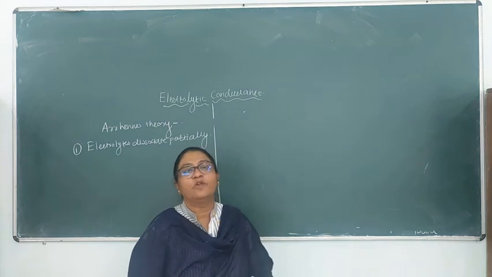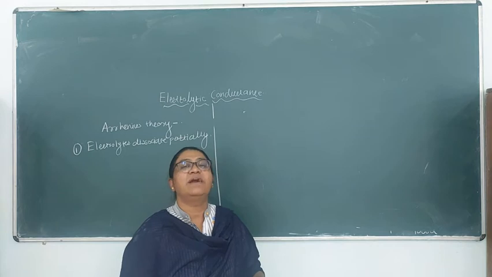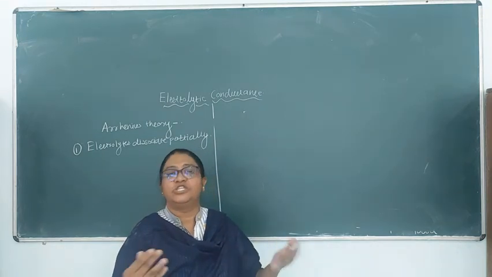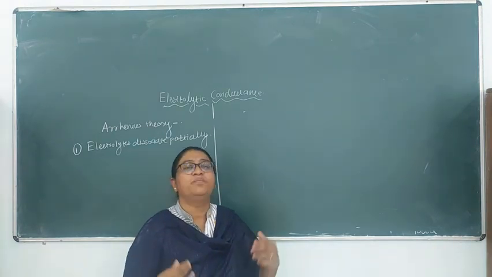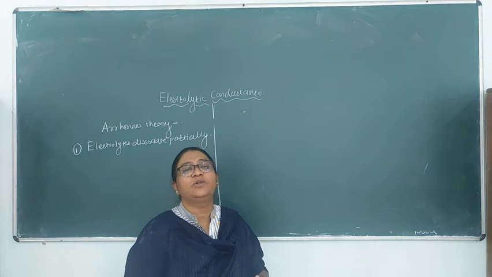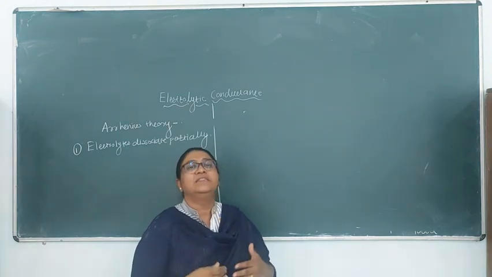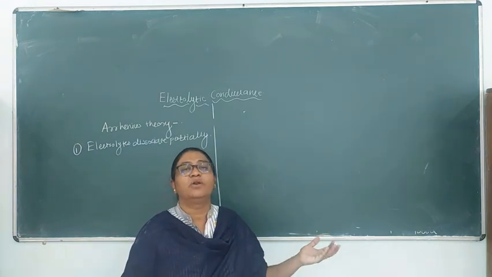If we take the example of solid sodium chloride, the Na plus and Cl minus ions in the solid are arranged three-dimensionally. That means the ions are present in the solid state only. When such electrolytes are dissolved in water, they dissociate almost completely and form a large number of ions.